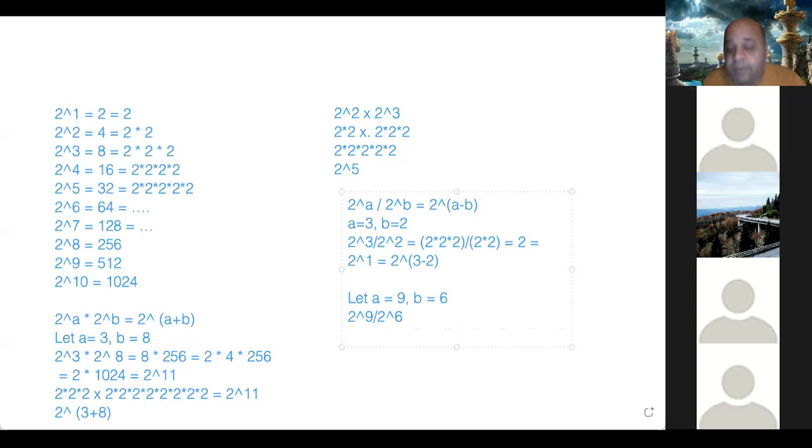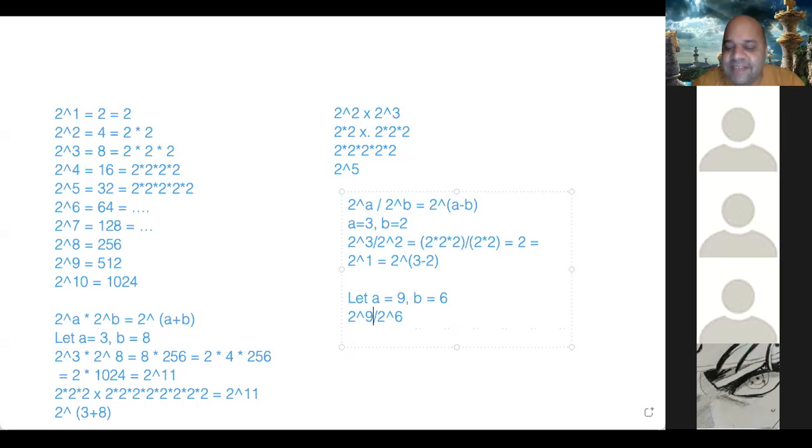You know that 2 raised to 9 is 2 multiplied by itself 9 times, and the denominator 2 raised to 6 is 2 multiplied by itself 6 times. When you divide, 6 of the 2s will cancel each other out, correct? So what you will be left with is 2 raised to 3.